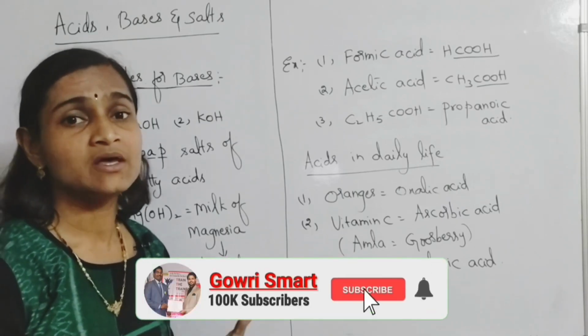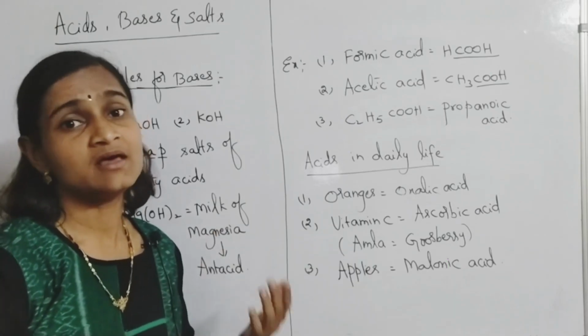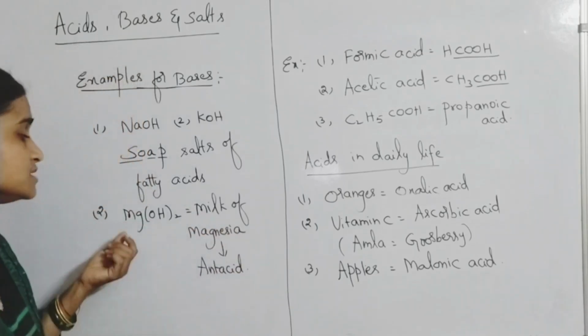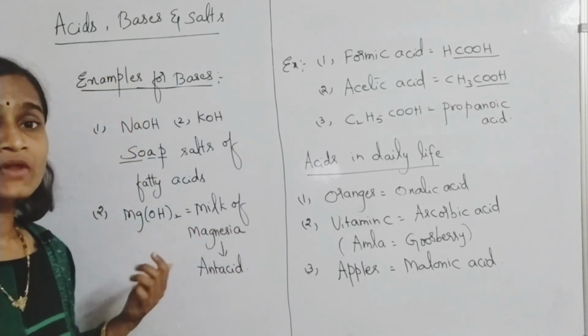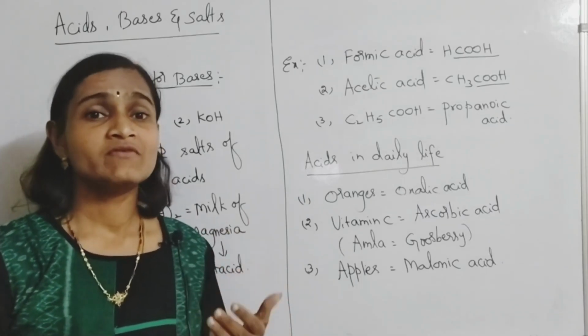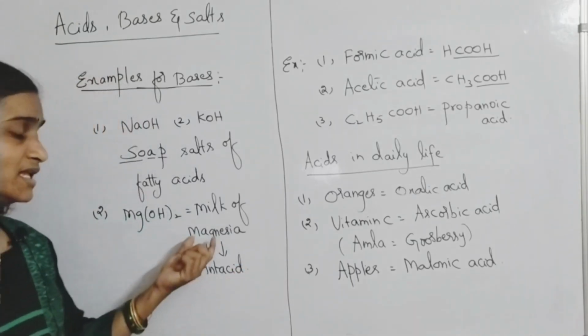Now sometimes we get acidity. In order to get rid of that acidity or burning sensation in our stomach, we use milk of magnesia. Even Gelusil and Digene, such kinds of syrups which we use as antacids, consist of milk of magnesia.